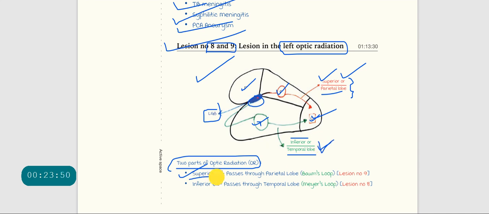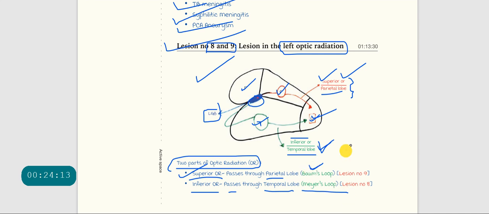And the inferior optic radiation, which passes inferiorly through the temporal lobe, is called Meyer's loop. At Baum's loop would be lesion number 9, and at Meyer's loop would be lesion number 8. I hope this is clear to you.